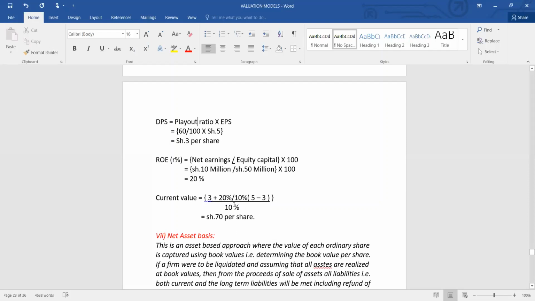Please take note that you must take 20% divided by 10%, that is 2, multiplied by the difference between 5 and 3. 5 minus 3, that is 2. 2 multiplied by 2, that is 4, plus 3, that is 7, divided by 0.1. The value of a share should be 70.